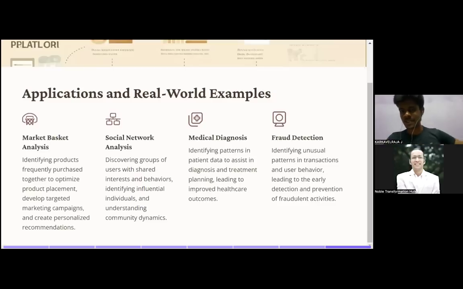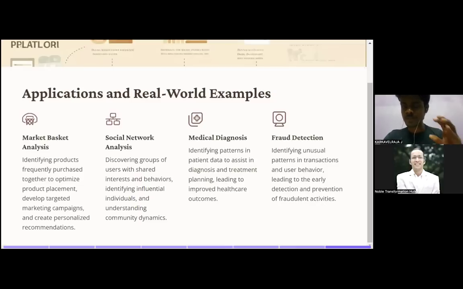Let's move on to the next application, medical diagnosis: identifying patterns in patient data to assist in diagnosis and treatment planning, leading to improved healthcare outcomes. Guys, this is a very sensitive thing, and I will say this is a breakout and an achievement of the data science field and association rule creation in recommendation systems.